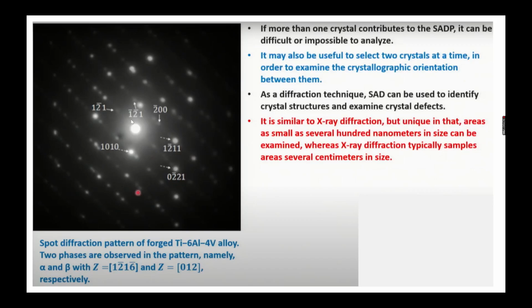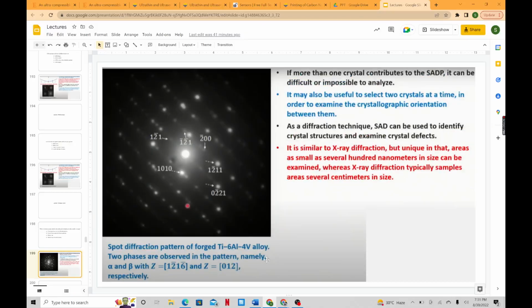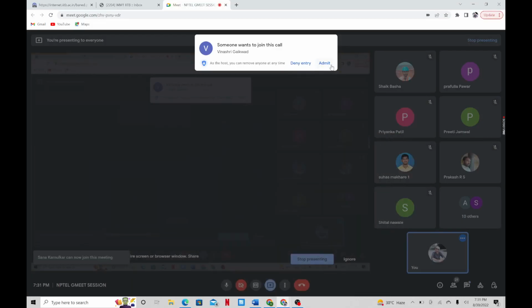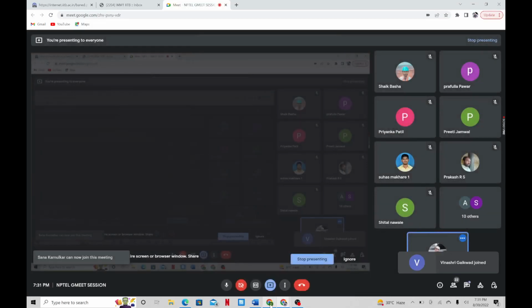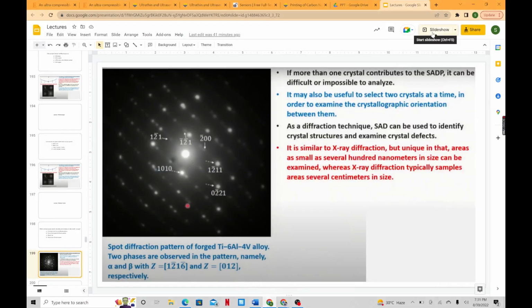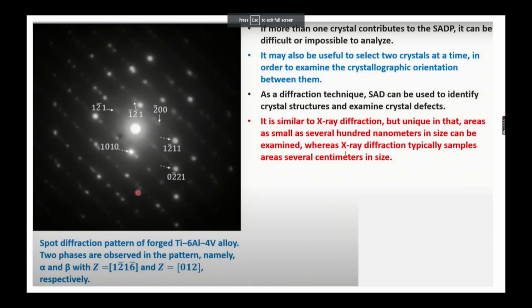This is pretty much similar to XRD, but the difference is here the area is smaller, in the nanometer range. Here 100 nanometers in size can be examined by using this SAD aperture.